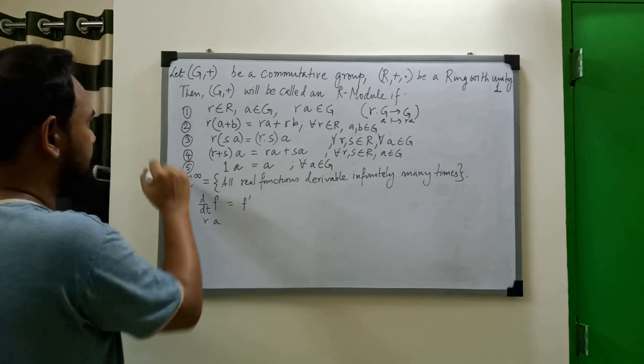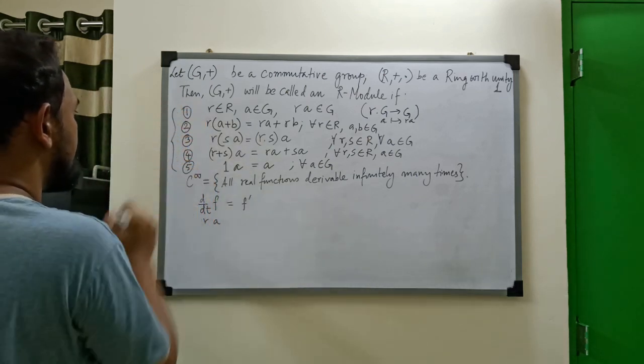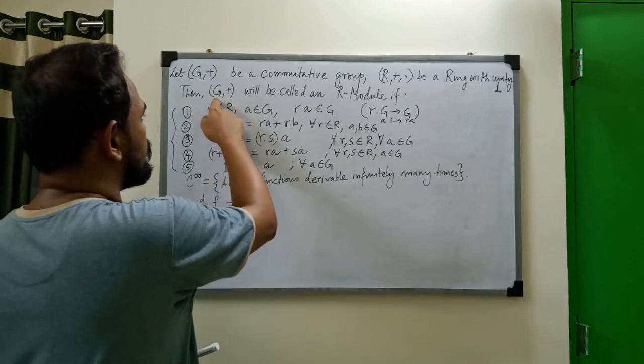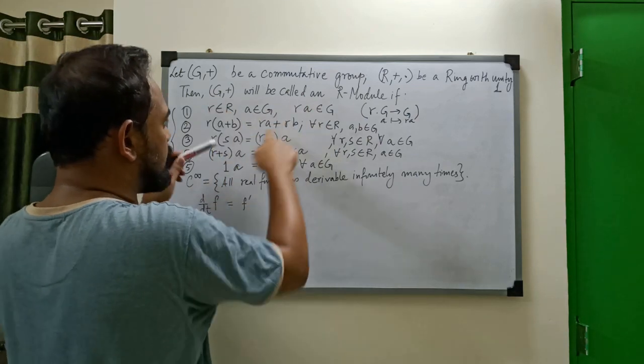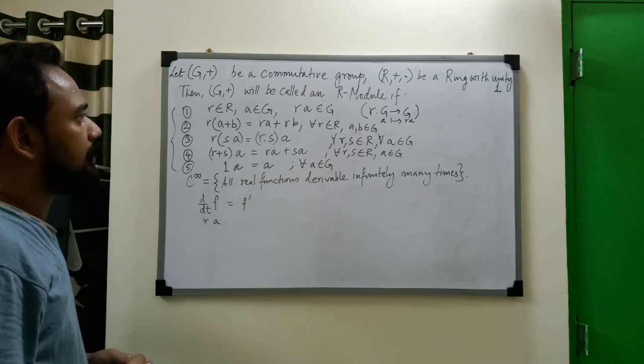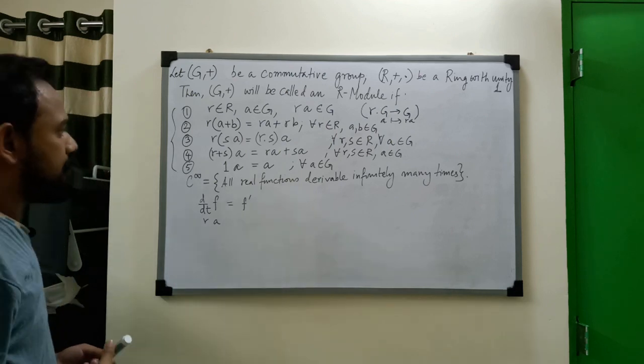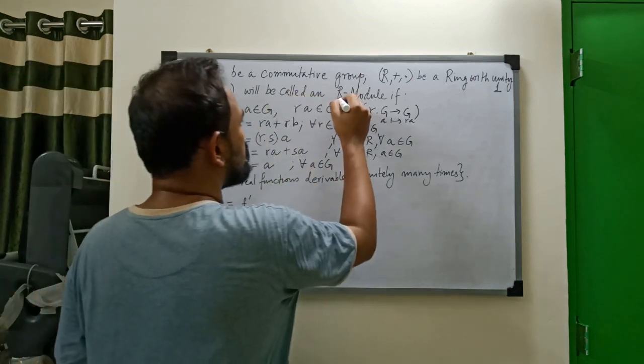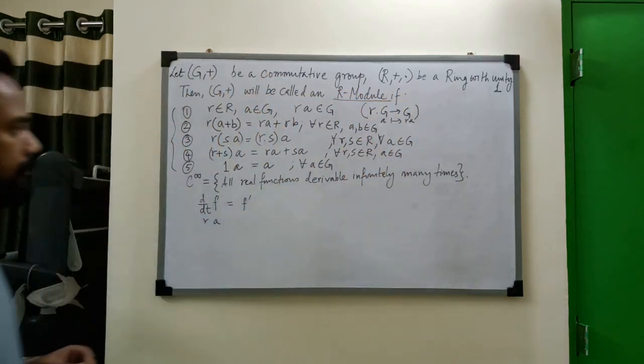If all of these 5 properties are followed by G and R with an action defined like this, then G will be called an R module.